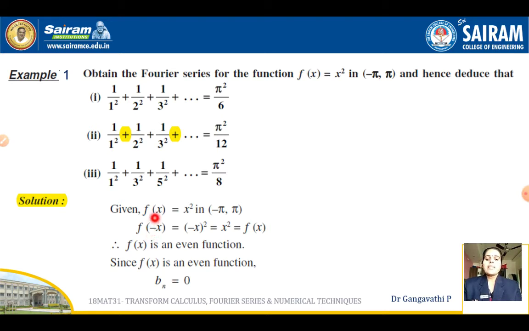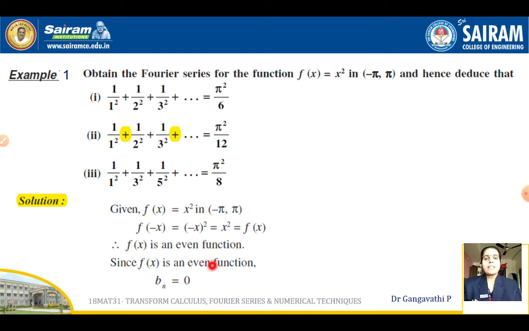So now I am replacing x by minus x. When we do that, on the other side also x is replaced by minus x. So minus x the whole square is going to be x square itself, and that is nothing but our f of x. So we started with f of minus x and it has resulted in f of x itself. So f of minus x is equal to f of x. It means that f of x is an even function.